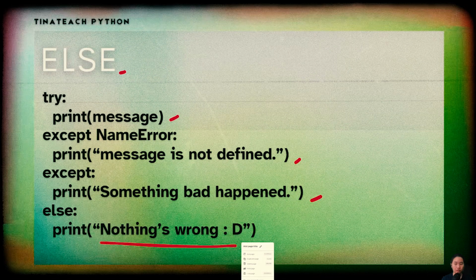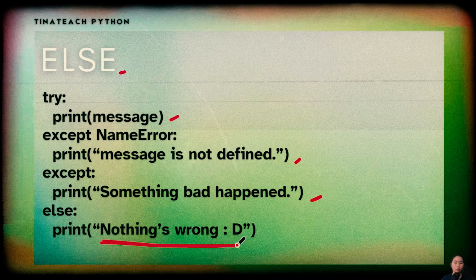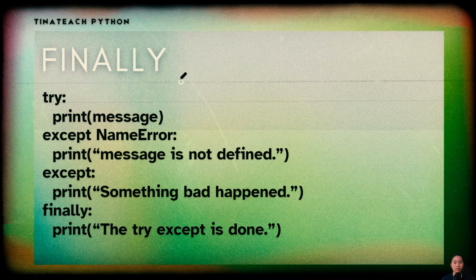Now over here, it's going to print nothing's wrong and then the message. Now to finally, if you remember, it prints regardless of whatever try and except output. So it doesn't care if there's an error or not. The try except is done. Because of that, you can use it to say the process is done, whatever's happened is done, and no need to bother with anything else.